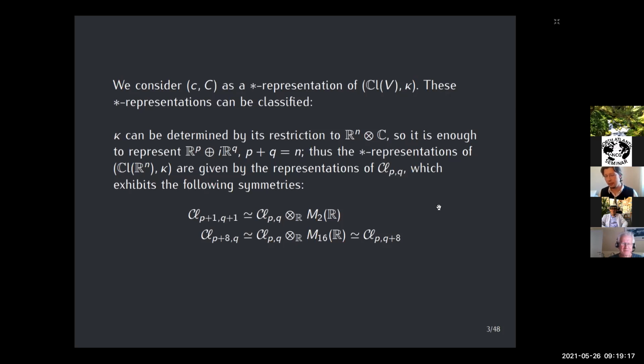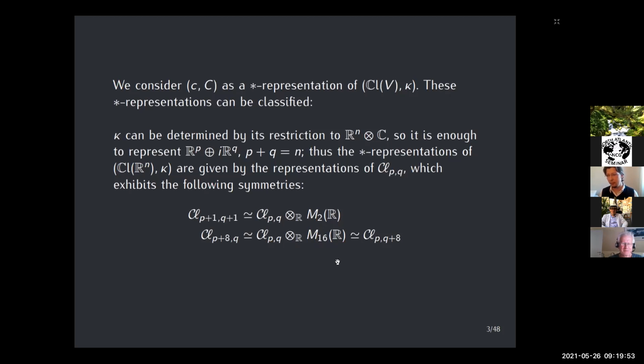Why is this useful? Well, the theory of real Clifford algebras is in some sense more rich than the complex case, because they exhibit these two symmetries. The first one is not as important, this 1-1 periodicity, as it's so called. But what's more useful is this 8-fold periodicity on the bottom. And from the perspective of representation theory, the presence of these full real matrix algebras here, which we're tensoring by, don't factor in at all.